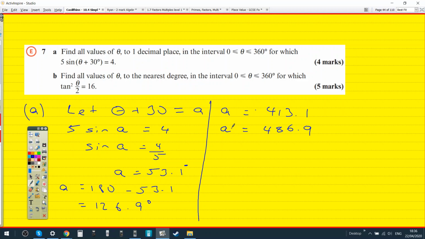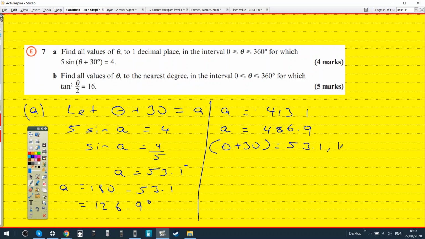So the way you did this, you kind of don't. Go on, try to solve this. I think you'll be fine. Then we have 4 answers there. So if we change it back to theta plus 30, do we do theta equals and then minus 30 from all the answers?